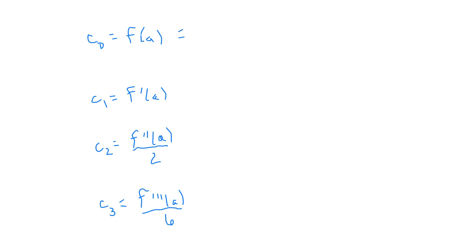Okay, so notice we can write the initial coefficient as f of a over 0 factorial, because 0 factorial is defined to be 1. That's the first coefficient. The next coefficient, C1, we can write as f prime of a over 1 factorial. 1 factorial also equals 1.